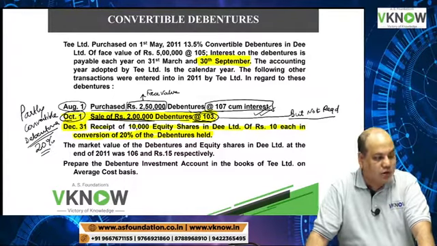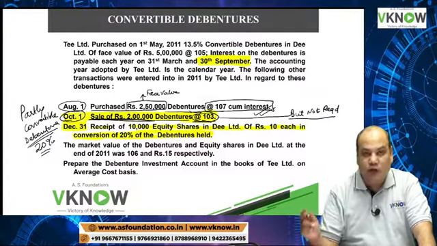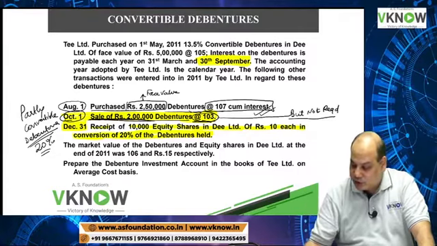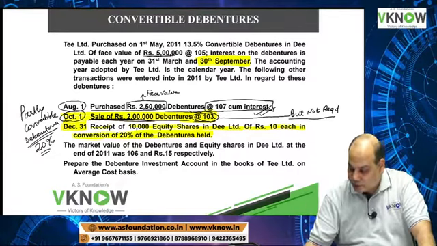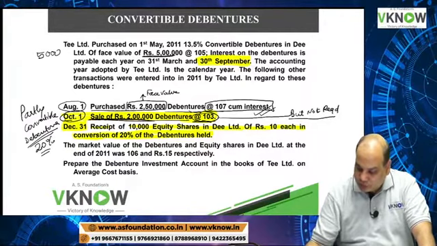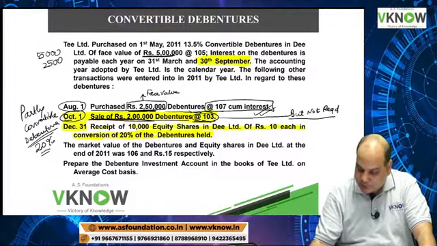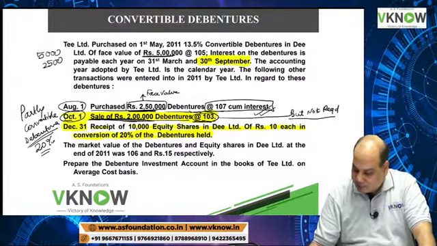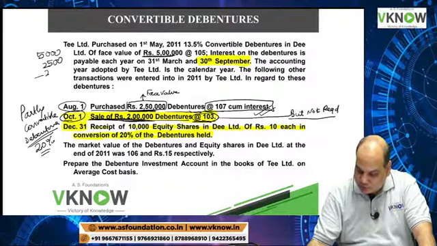So I will have to check how many debentures do we have. Here we have debenture 5,000 purchased. Here we have another debenture 2,500 purchased. And here we have sold 2,000 debenture.